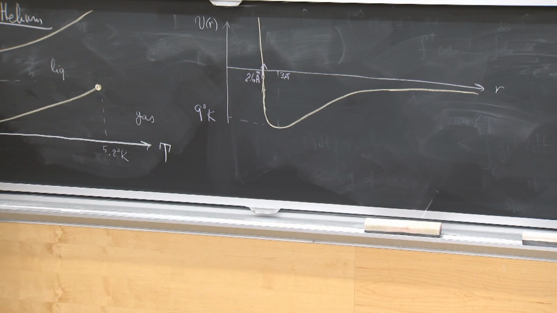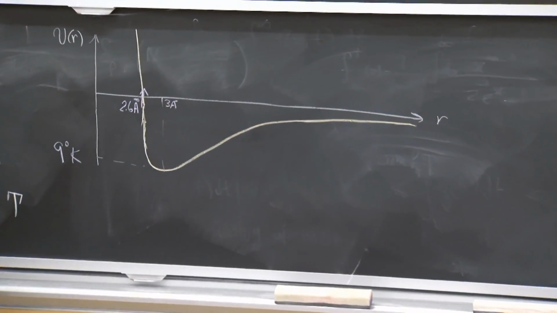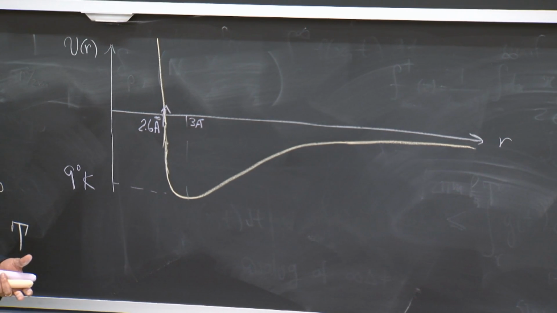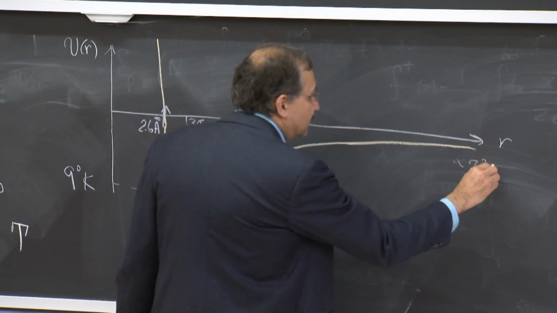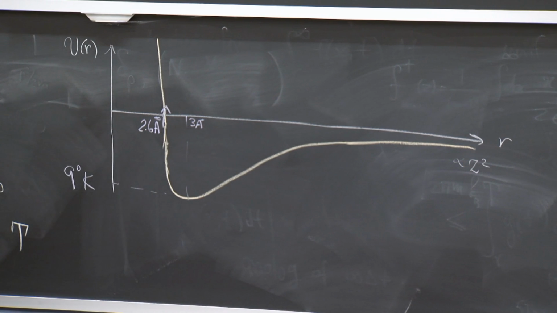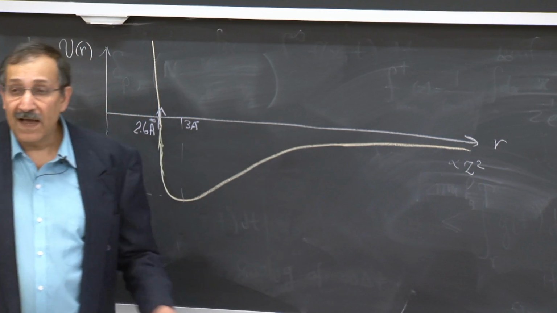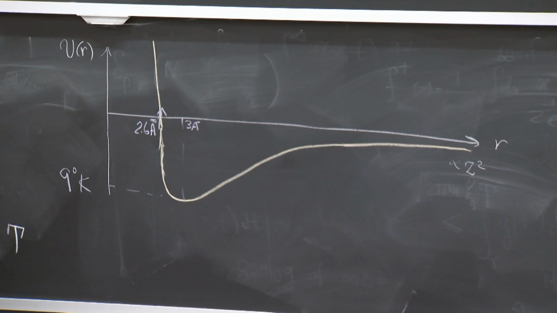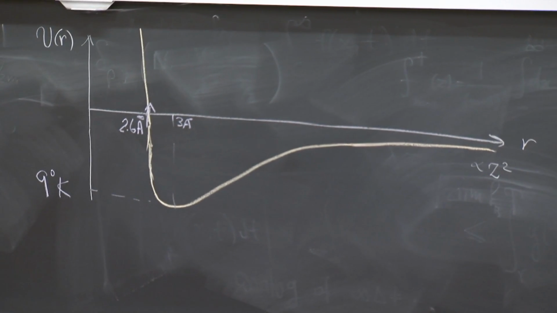And the reason is that the strength of this van der Waals attraction is proportional to the polarizability that scales typically with the number of electrons that you have in your atom. And so it is, in fact, proportional to your atomic number squared. And with the exception of hydrogen, this is going to be the smallest value that you're going to get for the van der Waals attraction. And hydrogen does not count because it forms a molecule. So okay, helium does not form a molecule.